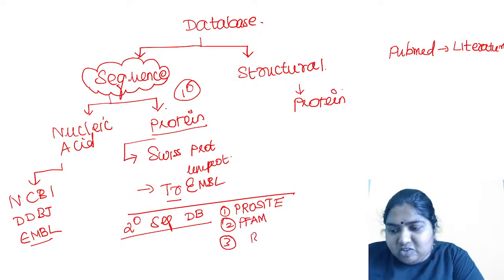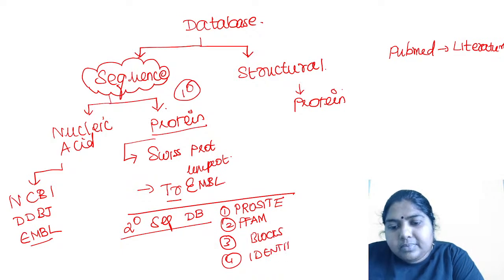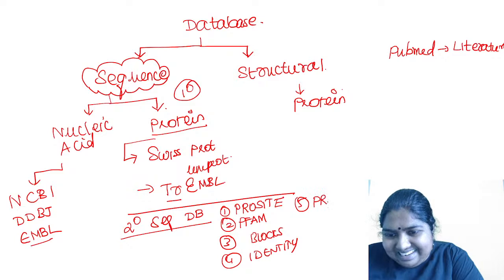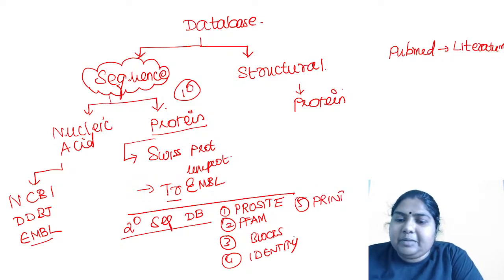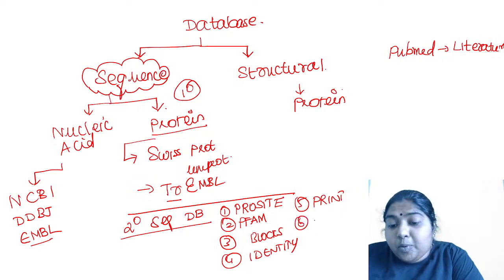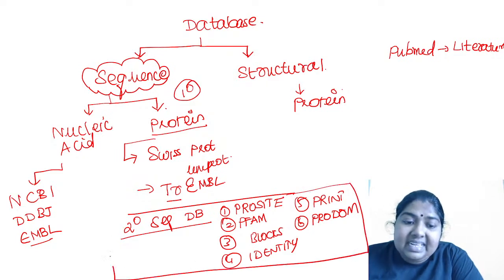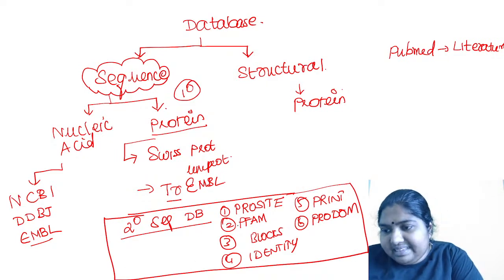Then you have BLOCKS, you have IDENTITY, you have PRINTS. Blocks, identity, PFAM, PROSITE, ProDom. Okay, so these are all coming under the secondary sequence database.